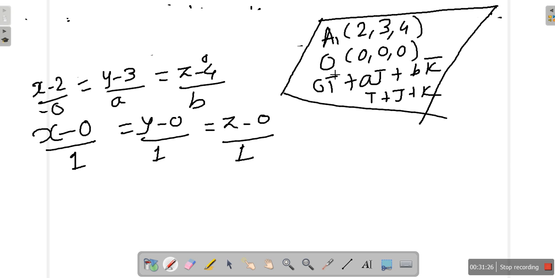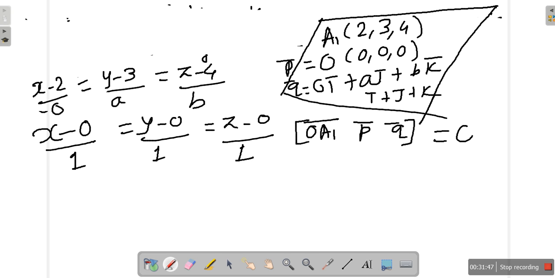So the vector A1O bar, this one and this one, their triple product will be 0. I just take this vector as p bar and take this vector as q bar. So the scalar triple product of OA1, p bar and q bar will be 0.